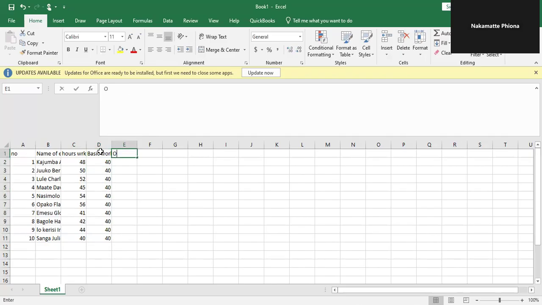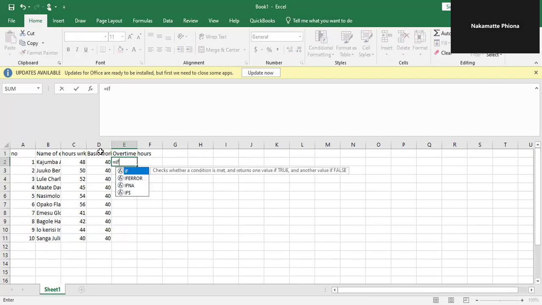Then let us calculate overtime hours. If, open brackets, hours worked, 48, greater than 40, comma, hours worked minus 40, comma, 4, close brackets.